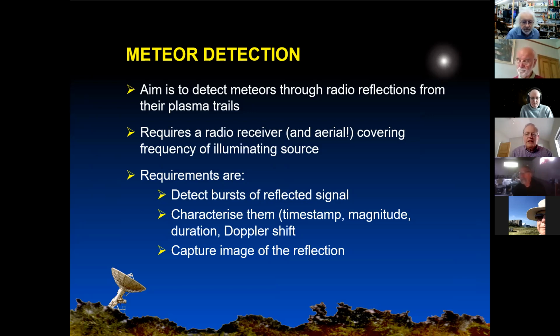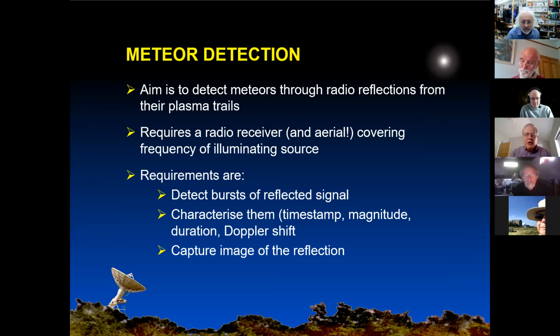So you do need a radio receiver and an aerial covering the frequency of the source. People know that we use the Graves radar transmitter as the searchlight illuminating the sky, which is a very powerful source but has its problems.